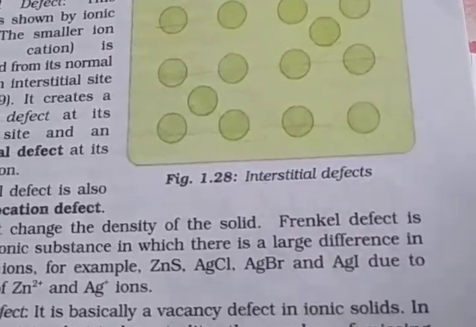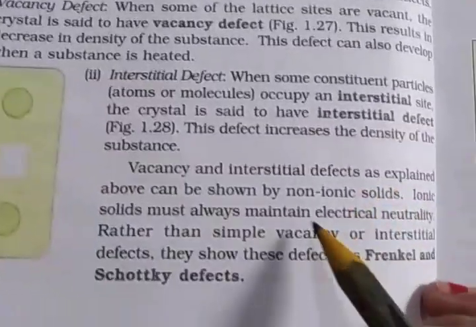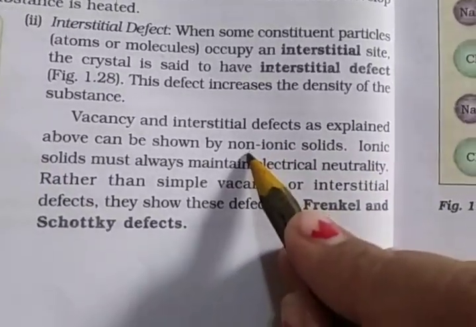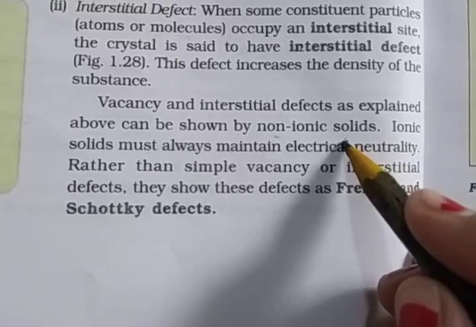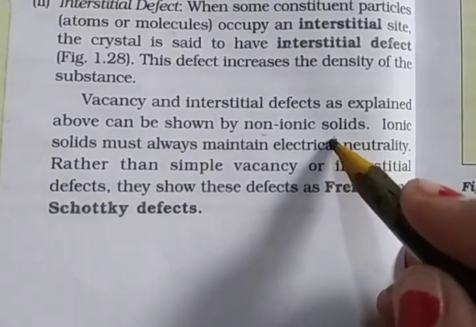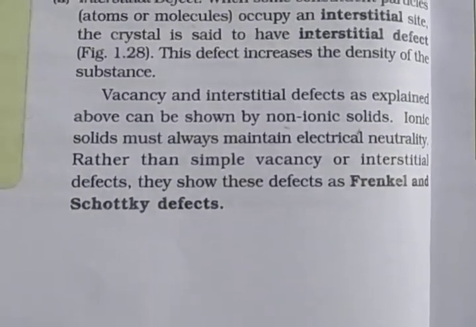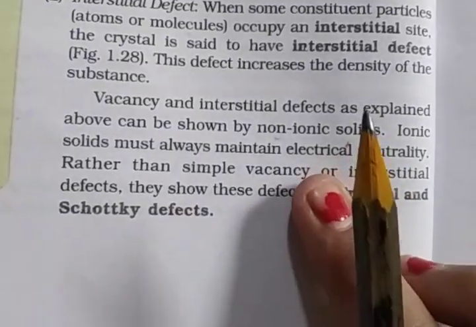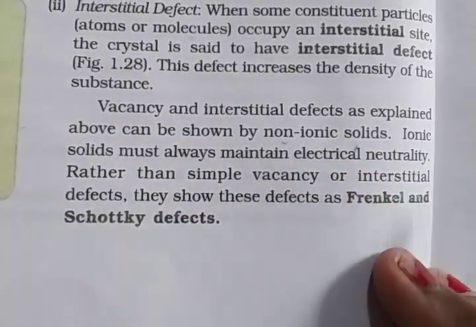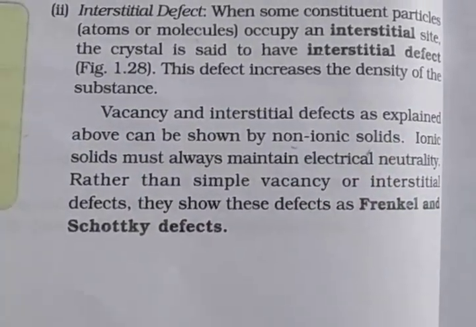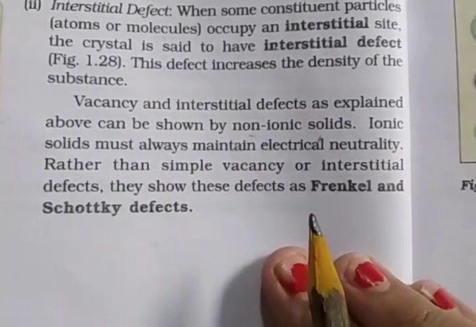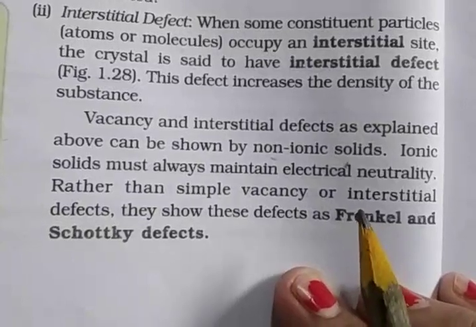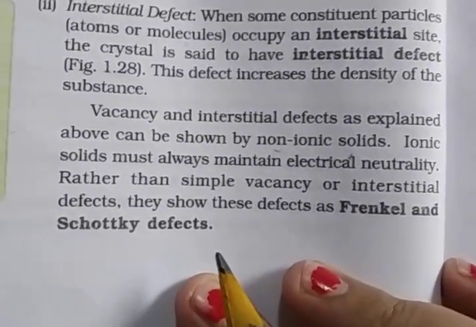Clear? So vacancy and interstitial defects, as explained above, can be shown by non-ionic solids. Ionic solids must maintain electrical neutrality rather than show simple vacancy or interstitial defects. So they show these defects as Frenkel or Schottky defects.